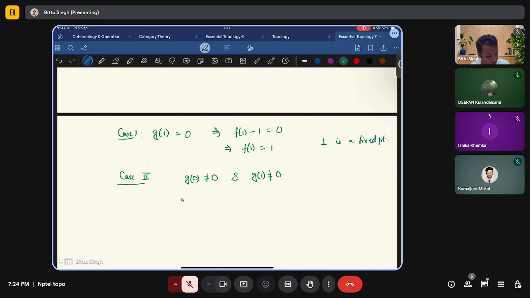So g(0) is defined by f(x) minus x, with x equal to 0. f is a function from [0, 1] to [0, 1].